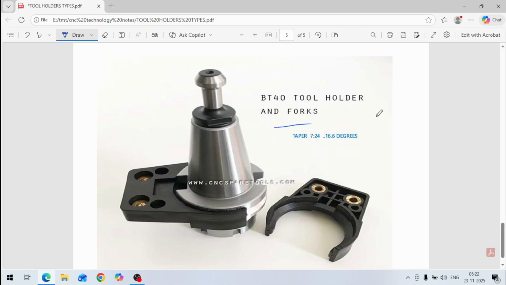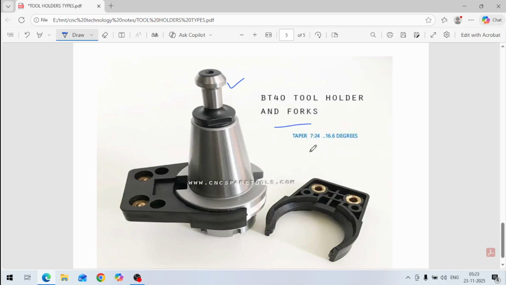This is your pull stud, and this is the back taper, which matches with the spindle of the machine. And this is the fork here for tool changing, for ATC. The fork is there, and it is held in the fork like this.